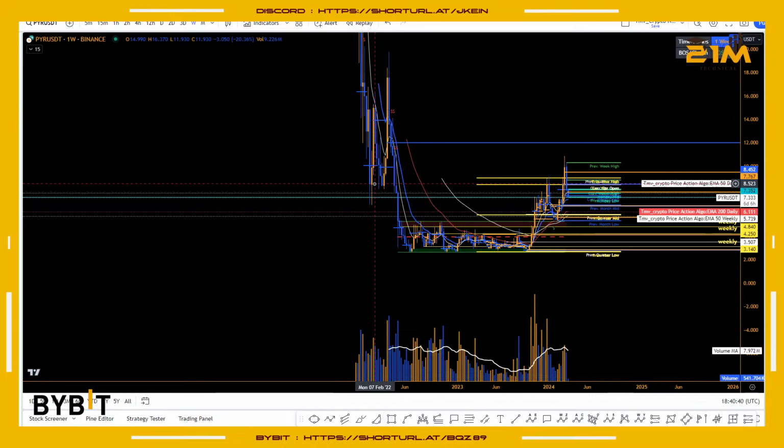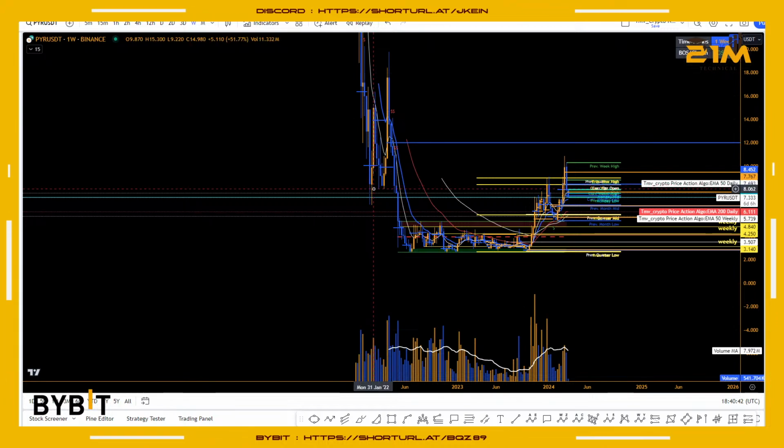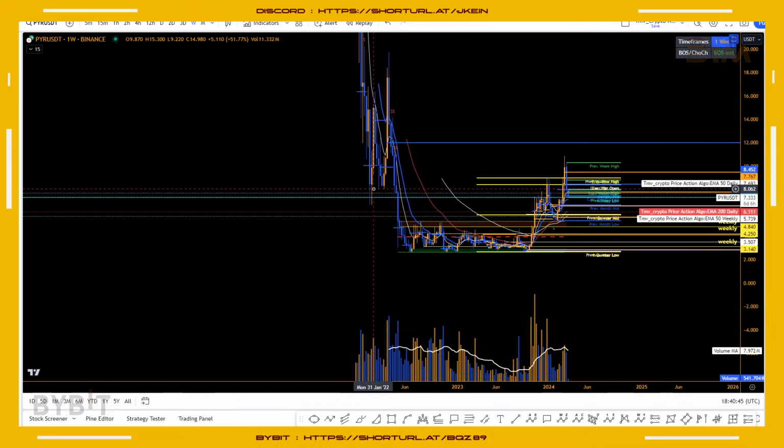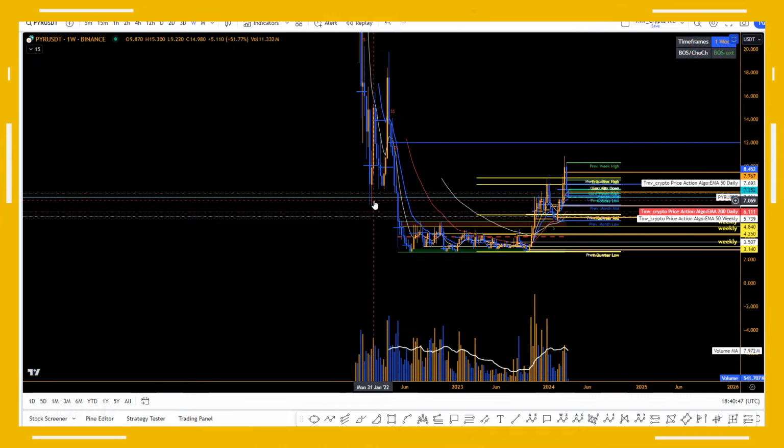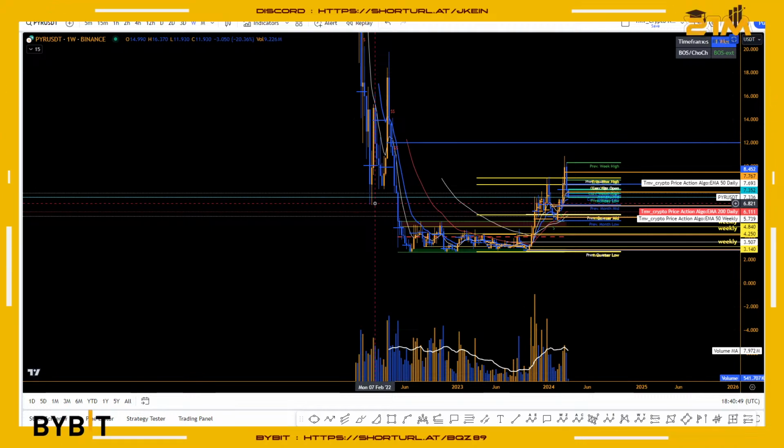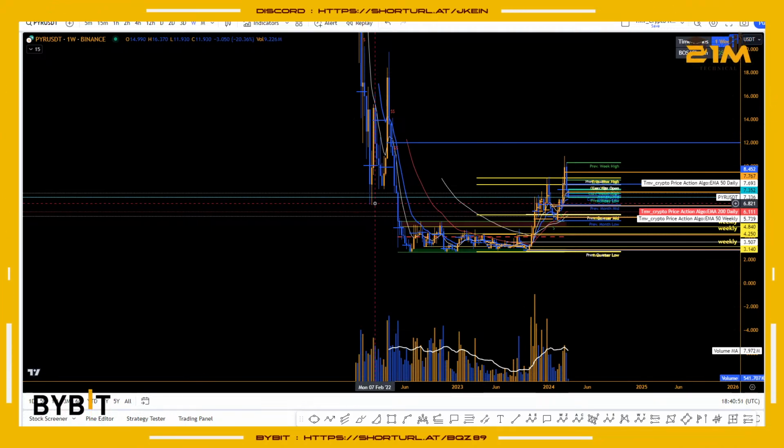Now it did not happen. Even if it could just close weekly above $8, it would be amazing, but it did not happen. Even if it could close weekly above 6.8, it would be amazing, but it did not.